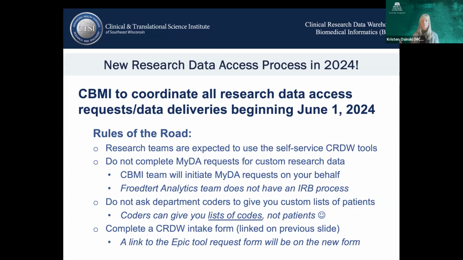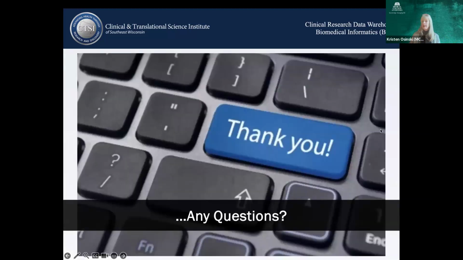So if you're looking to find a cohort, but you're not sure of the codes and you've tried to look in TriNetX and still can't, we do have an army of coders that support every single department and division, but they should not be tapped for running queries and giving lists of patients. And our intake form is available to everyone through our front door. And that's it.